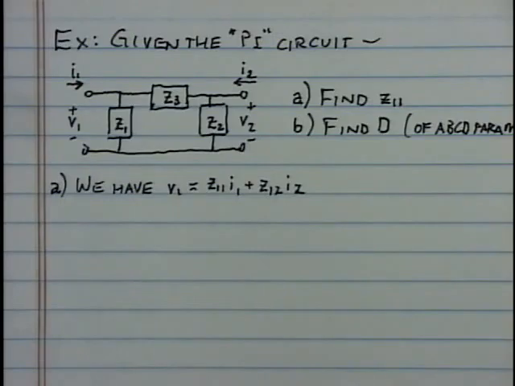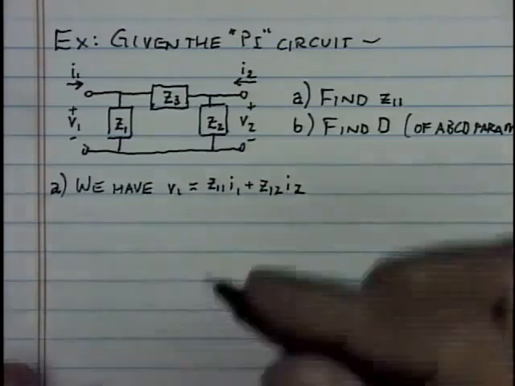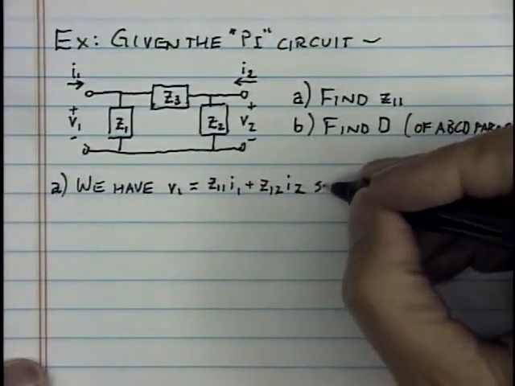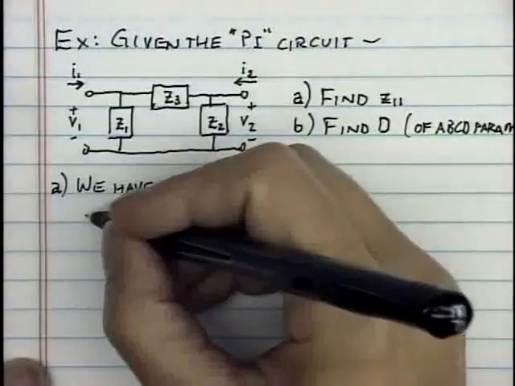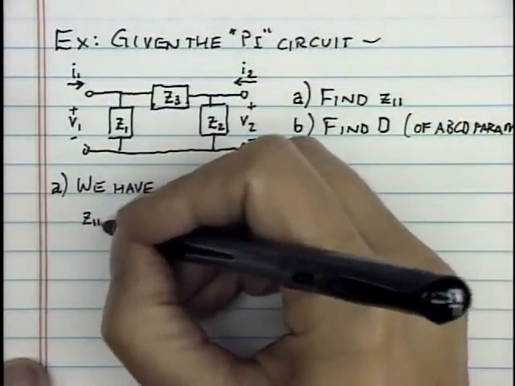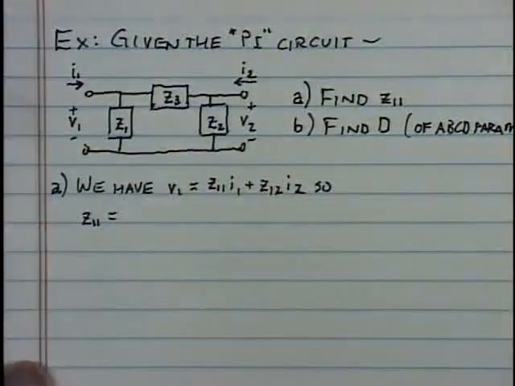This is one of our two linear equations that we used to define the Z parameters. How can we solve that equation for Z11, without having to know the value of Z12 first?